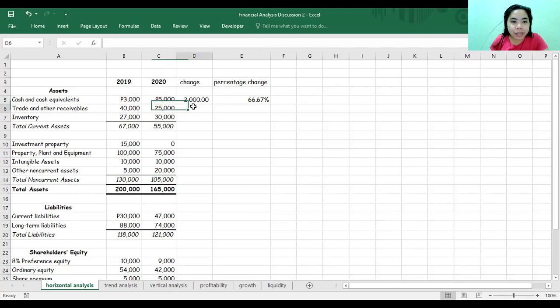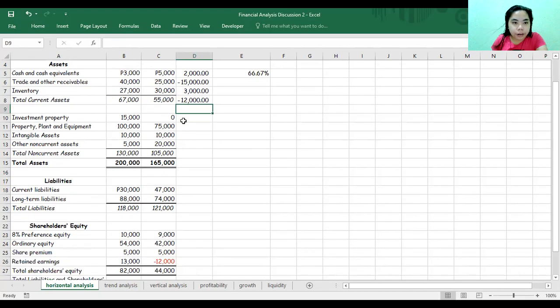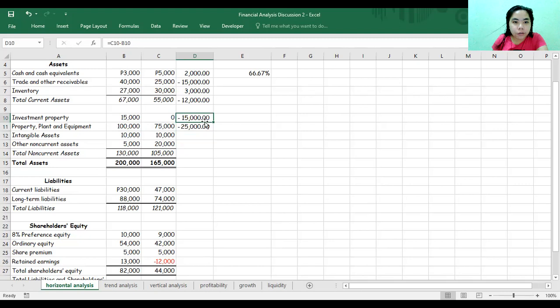Then we have trade and other receivables, 25 less the 2019. So there is a decrease in our receivables of 15,000, and then the inventory and our total current assets. Then for the investment property, there is a decrease of 15,000, and the property and equipment.